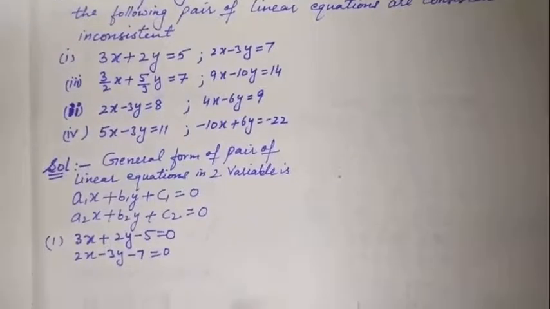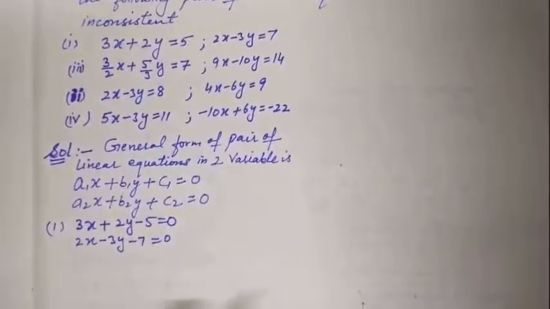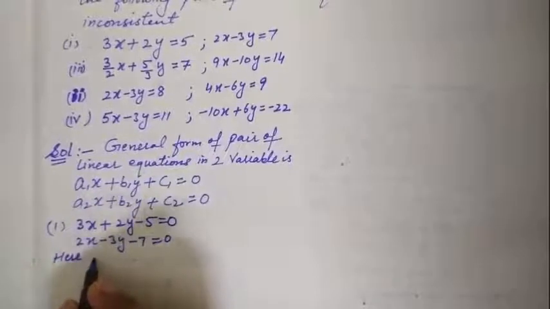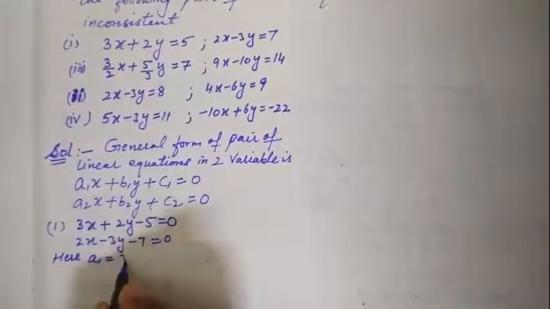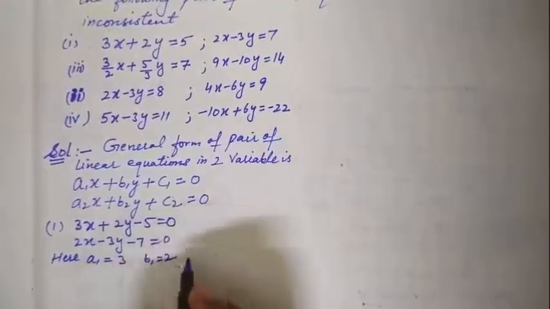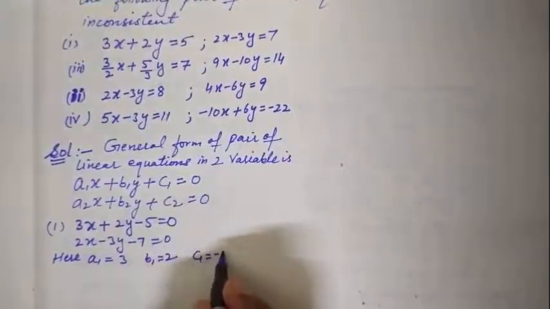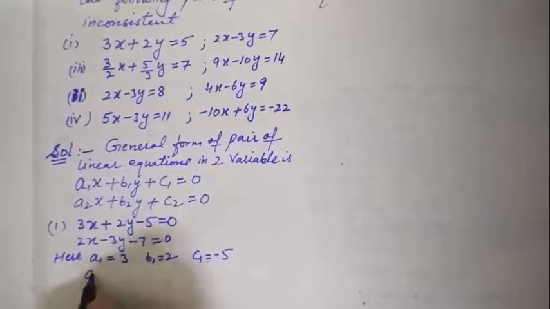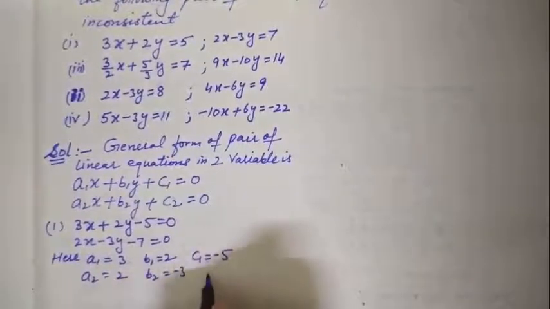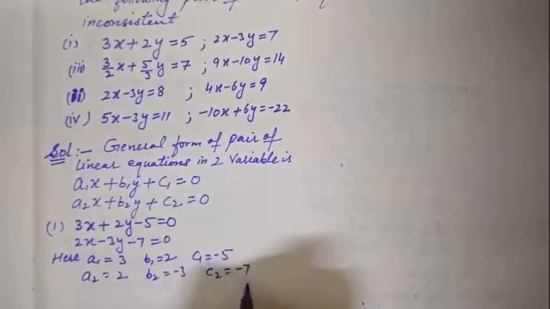If you compare this with the general form, a1 is 3, b1 is 2 and c1 is minus 5. And a2 is 2, b2 is minus 3 and c2 is minus 7.